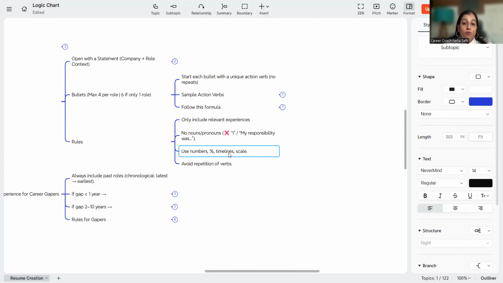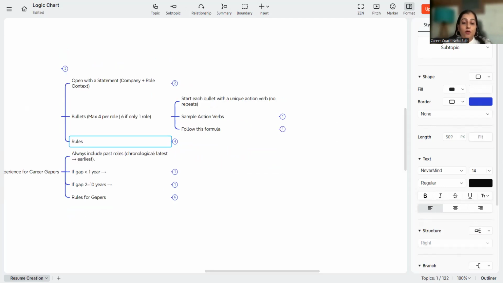So write your numbers, maybe a percentage if you reduced some wastage, or percentage of cost savings, or if you increased revenue, increased revenue by this percentage, or minimized cost, 100% compliance, or anything which is more like numbers. You may also mention timelines, that you did this in a very short time. And if you have led teams, mention the number of people you have led or managed directly. Okay. So avoid repetition of the verbs. Do not repeat the verbs.